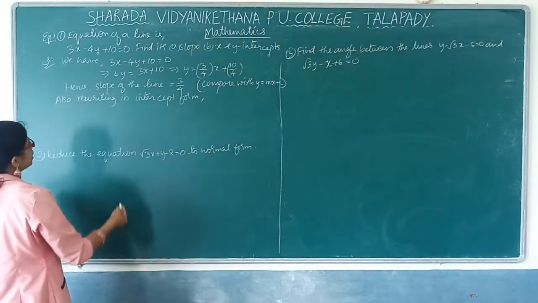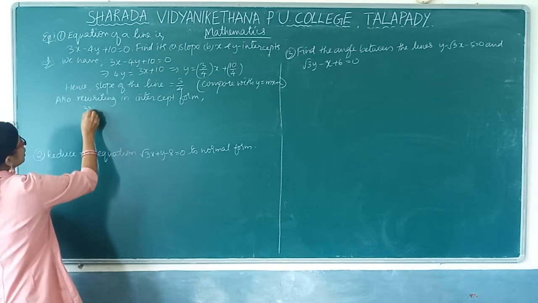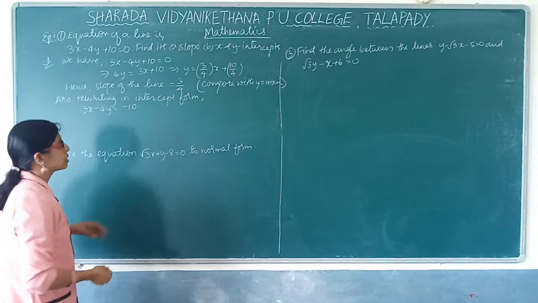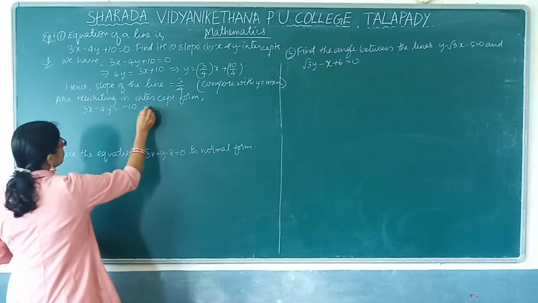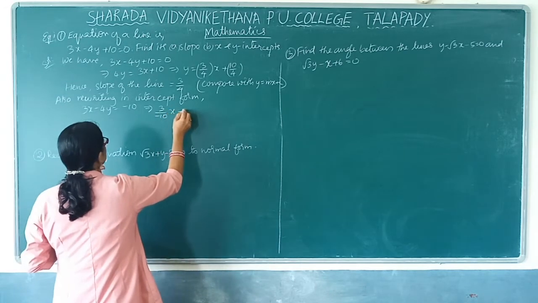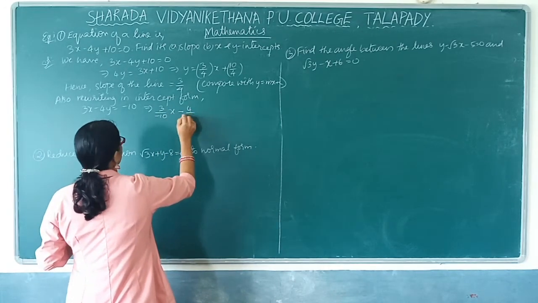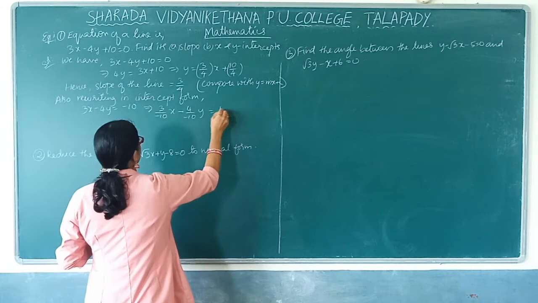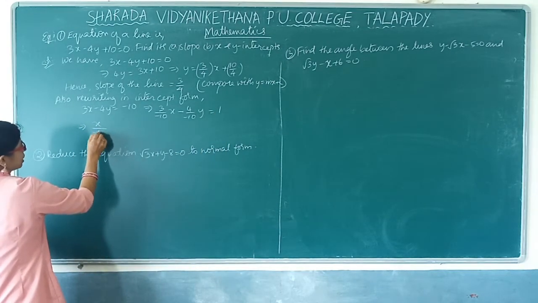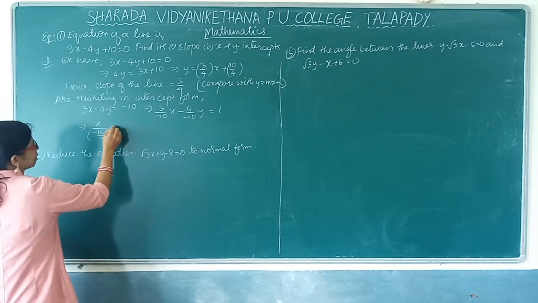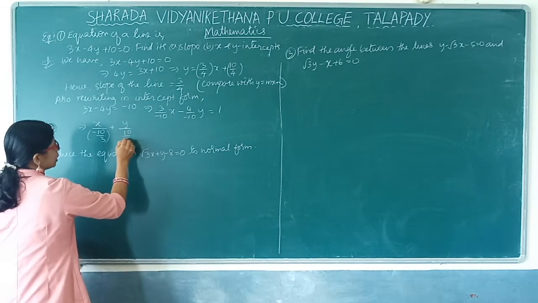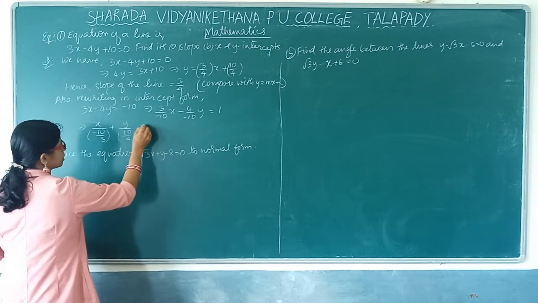So we will just rewrite. 3x minus 4y is equal to minus 10, I have taken it to the other side. We can divide both sides by minus 10. So 3 by minus 10 into x minus 4 by minus 10 into y is equal to 1. Or you can write it as x by minus 10 by 3 plus y by, this minus of minus becomes plus, 10 by 4, is equal to 1.